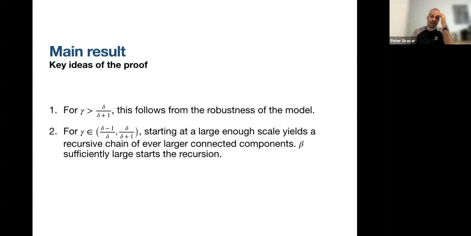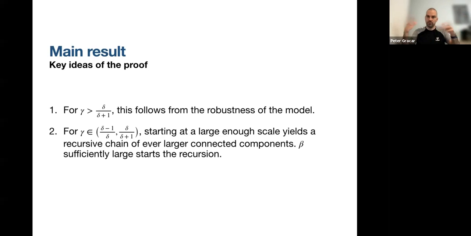And how we get to that is as follows. We start at some very large scale. And we can show that starting at that very large scale, meaning considering a very large interval, that interval can connect, so form edges with neighboring intervals of the same size with a very high probability. And then once we've connected sufficiently many of such intervals, we treat that as the new interval and repeat the process, connecting it to neighboring intervals that are now also bigger, and so on and so on.